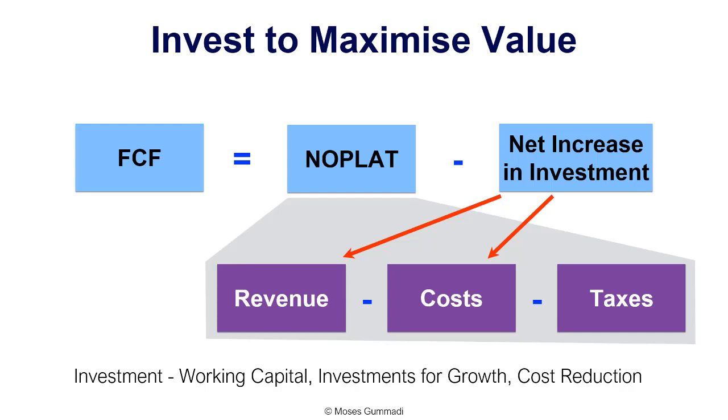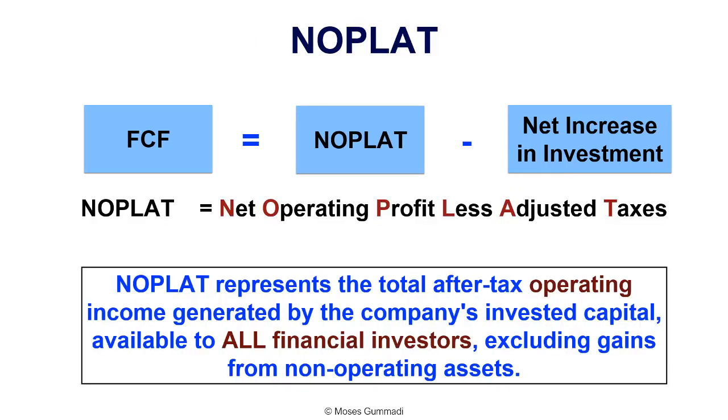So when all these things are aligned together, we get a year after year increase in the NOPLAT, which means a year after year increase in the free cash flows available to the investors.